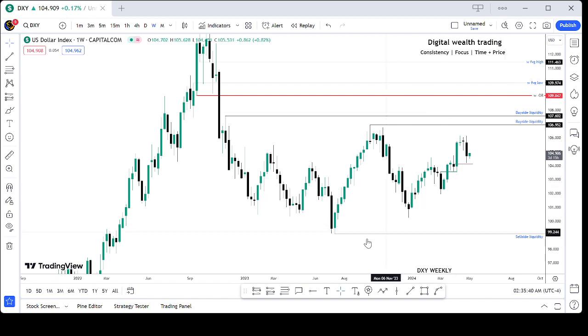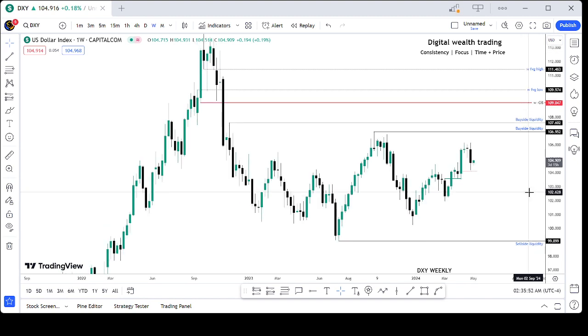Because if we see what is going on here, liquidity here, liquidity here, liquidity here, whenever we get up here, it is going to be a sharp decline in price.